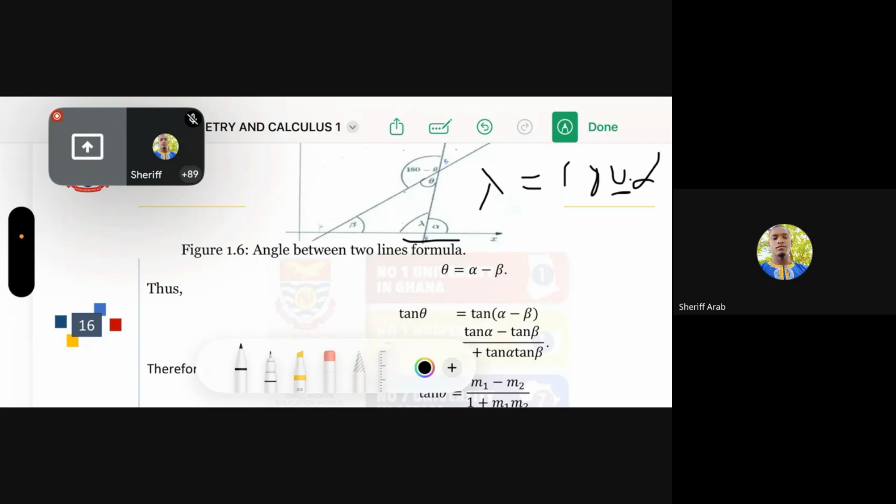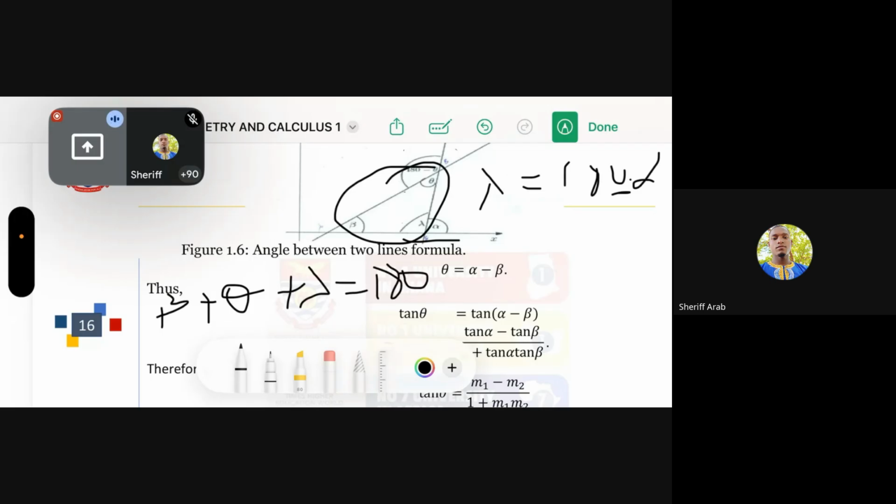Then when I take this total angle, beta plus theta plus lambda should be equal to 180. Then I can make lambda the subject, so my lambda will be equal to 180 minus beta minus theta.